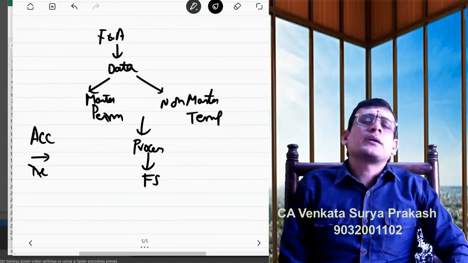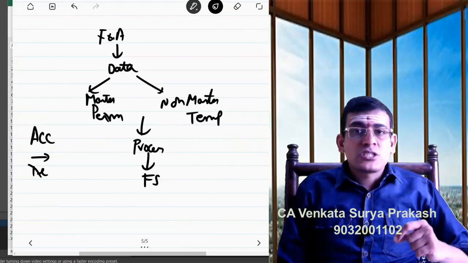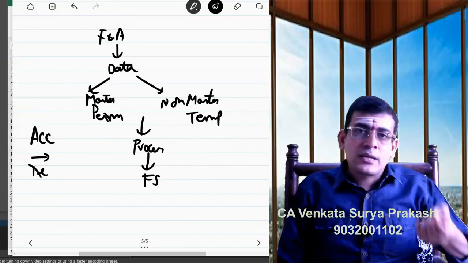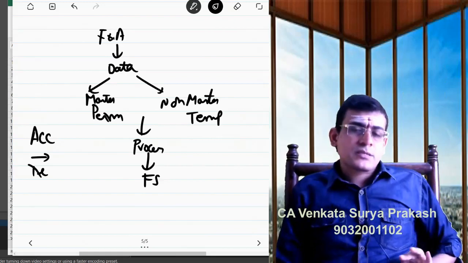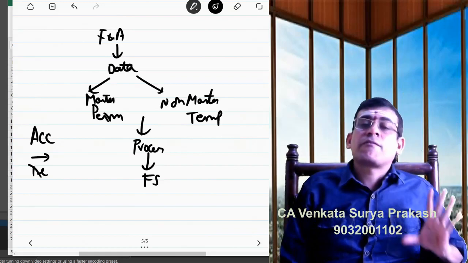Here you are doing that. You are recording, you are journalizing. Once the journal entries are passed, they are reflected as part of your ledgers. Then the ledgers are incorporated as part of your trial balance. Then with the help of your trial balance, you prepare the financial statements.